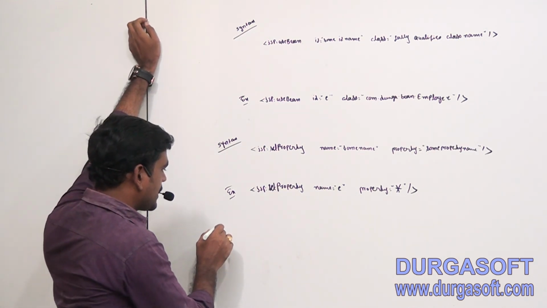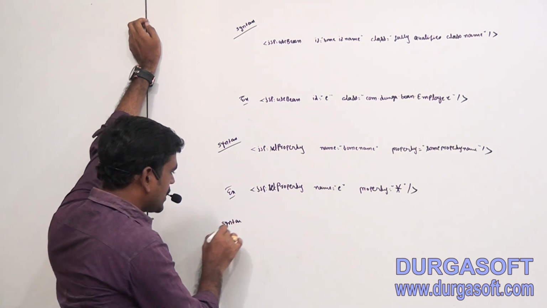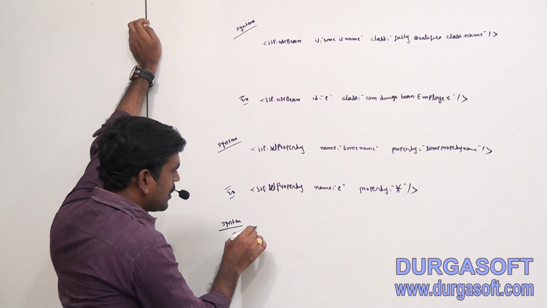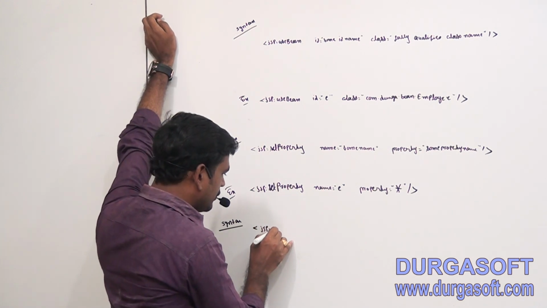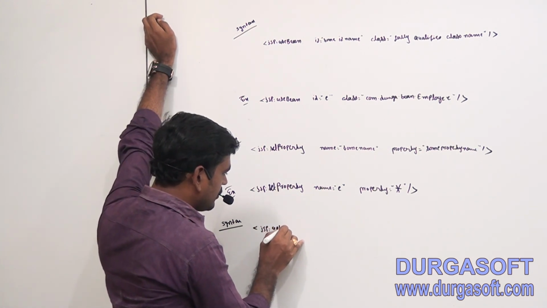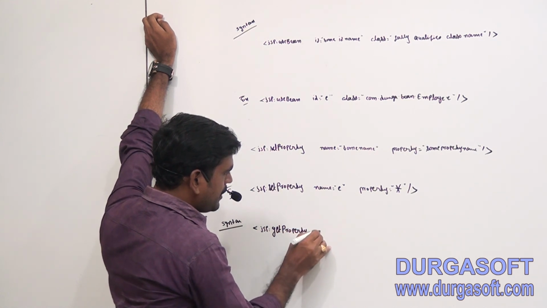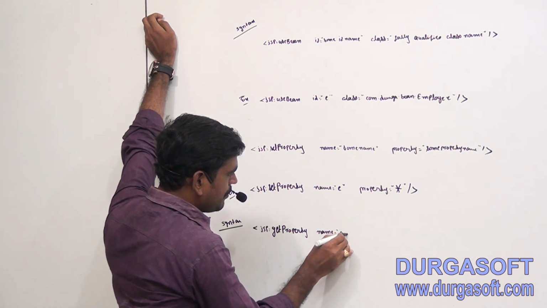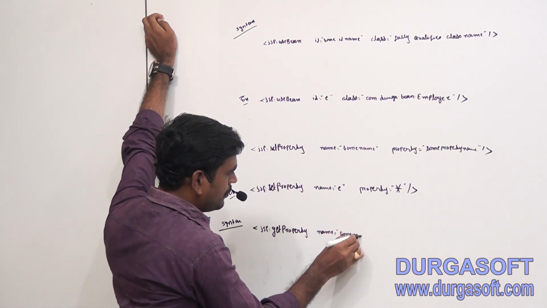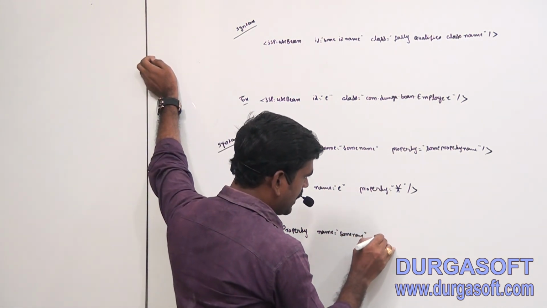Now the syntax: jsp:getProperty and the name equal to some name, the next property equal to the POJO class property name.